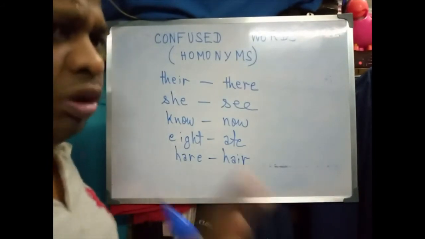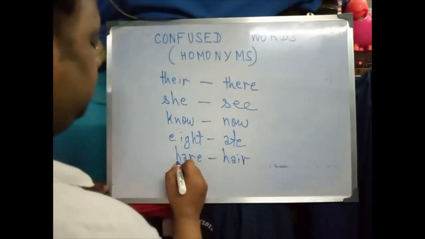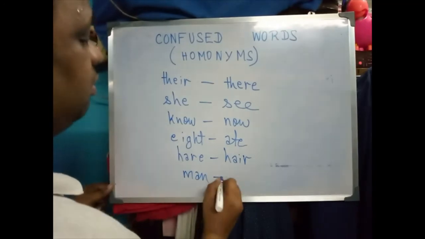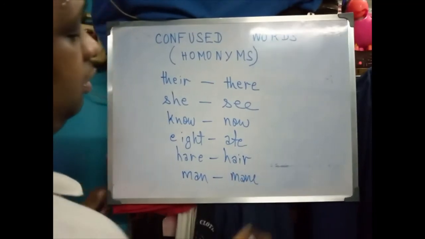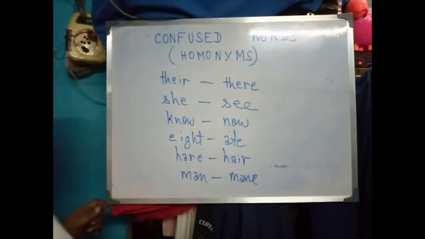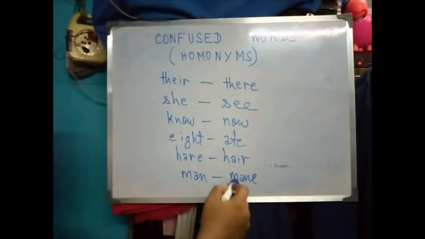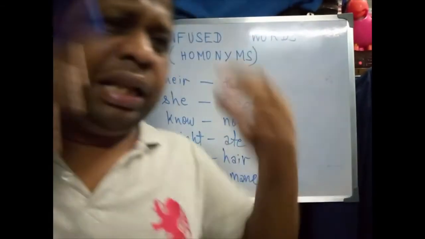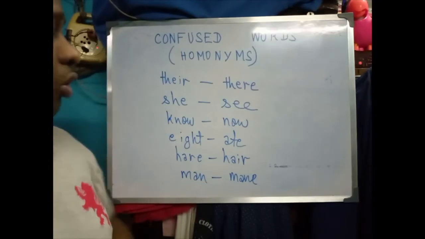Again, one more example I would like to tell you. Man, M-A-N, man, and this is mane, M-A-N-E, mane. This man means human beings, like I am a man. And this mane means, you must have seen a lion, they have long hair around the neck. That is called a mane.